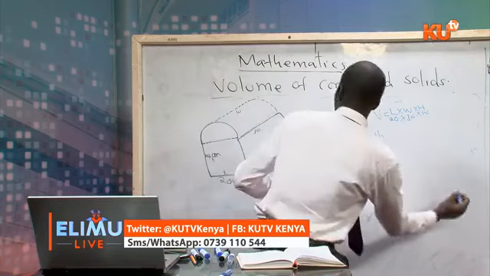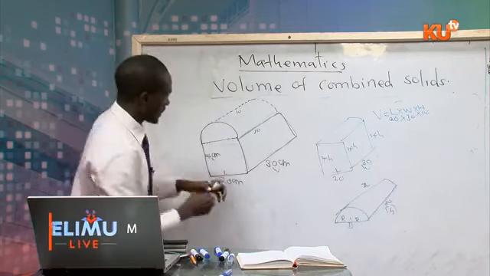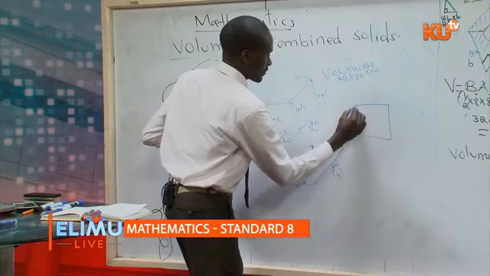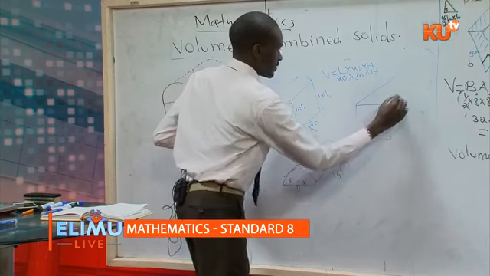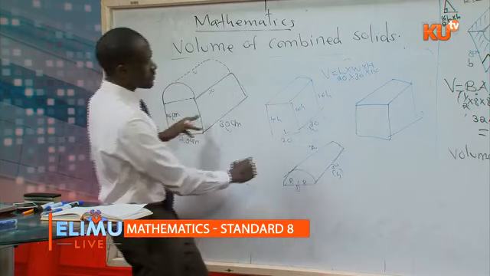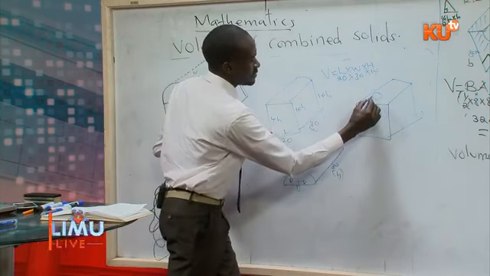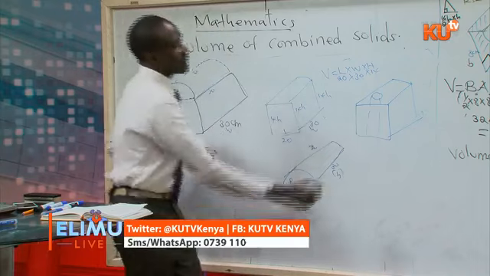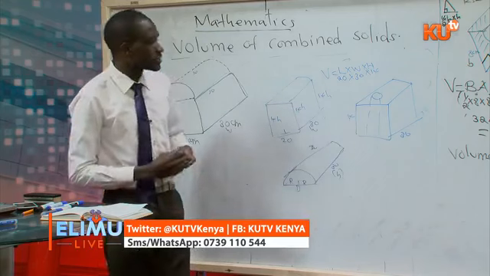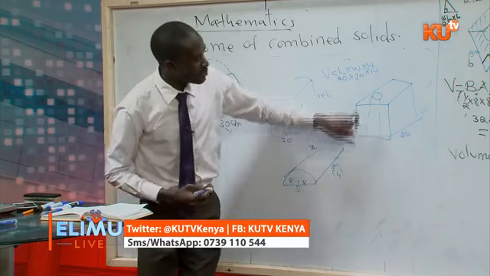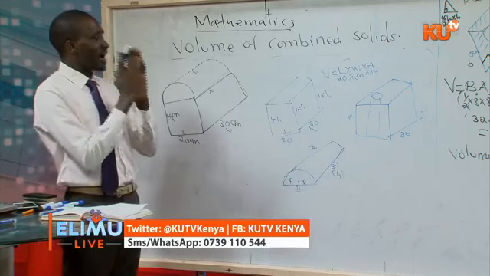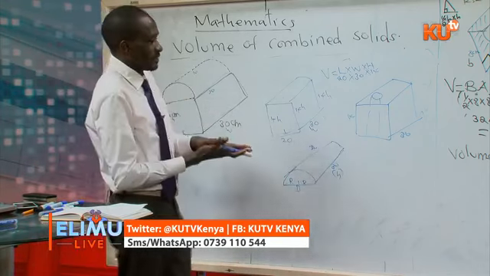For example, if you have a figure like this one, and the cylinder which has been removed is standing, you can't still take 30. That time its height will be 14. So you must check the figure removed or the figure added, how it is: standing upright or lying.